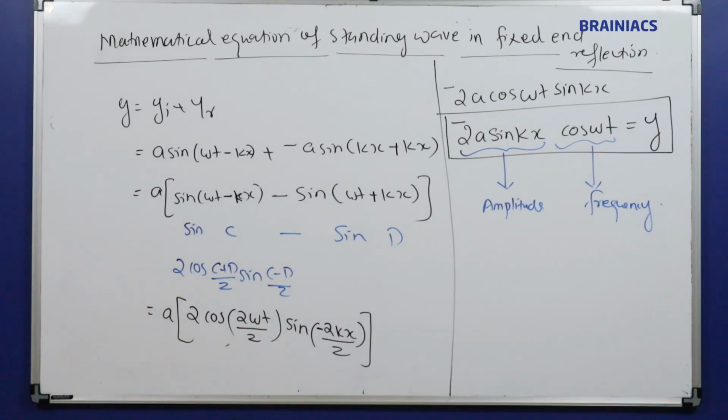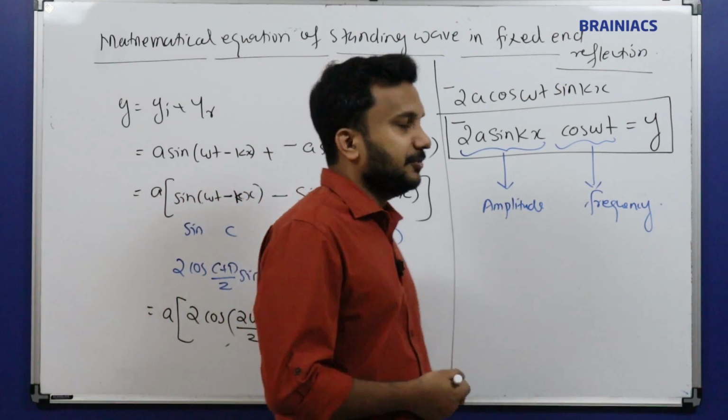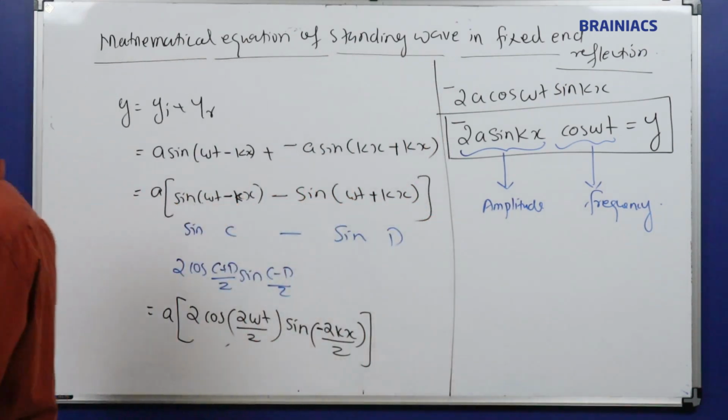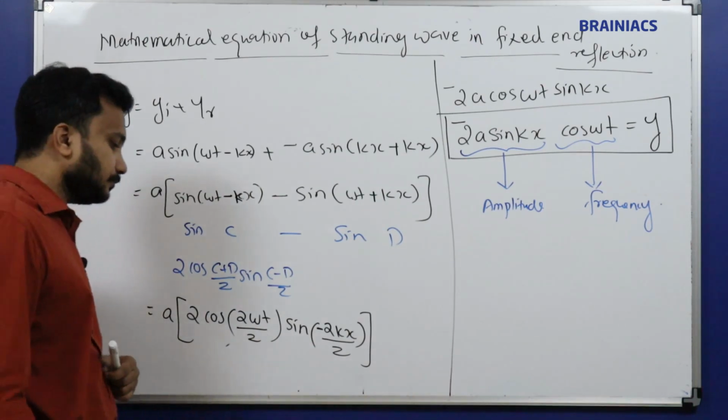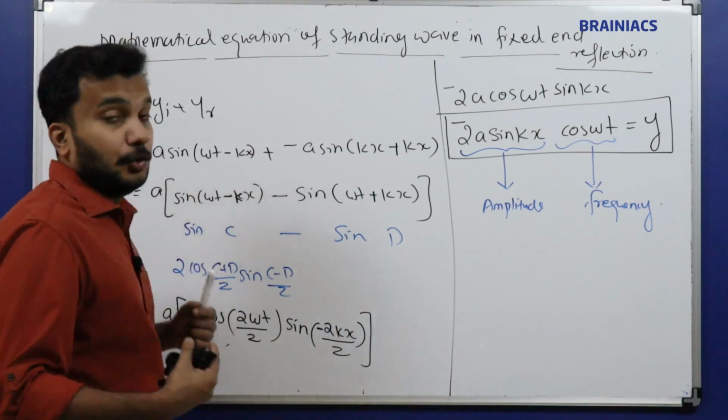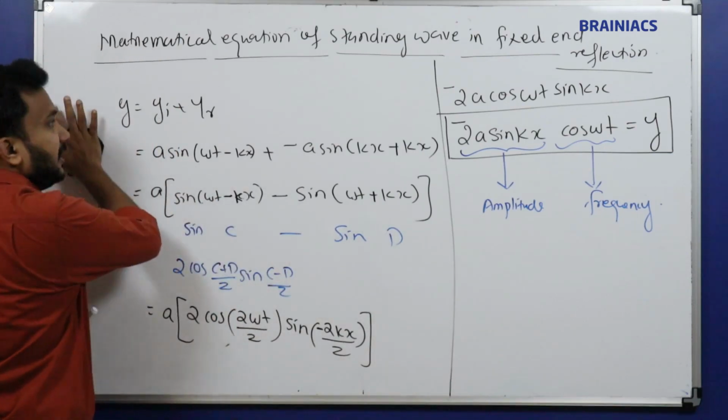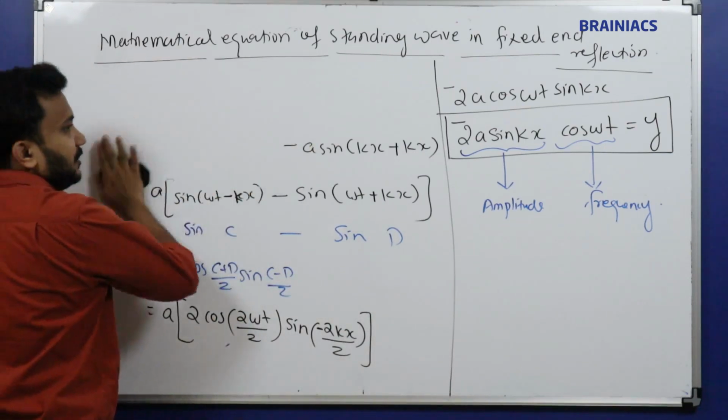Okay, so the amplitude of the particle is independent of the position of the particle. Now we are going to define certain terms, called node and antinode. So please write the heading. I will keep that final equation there.